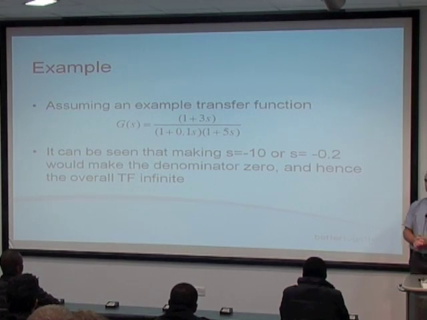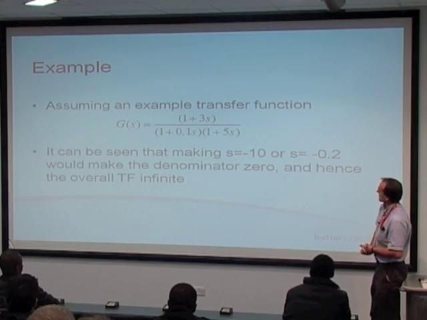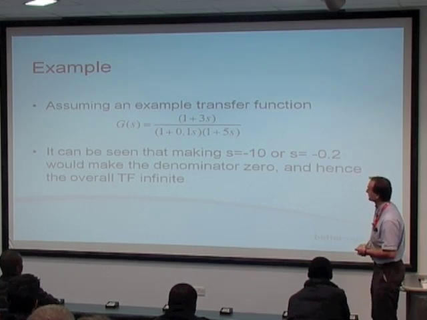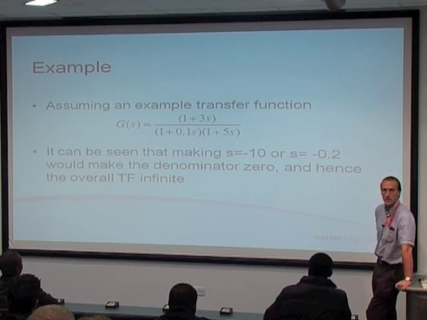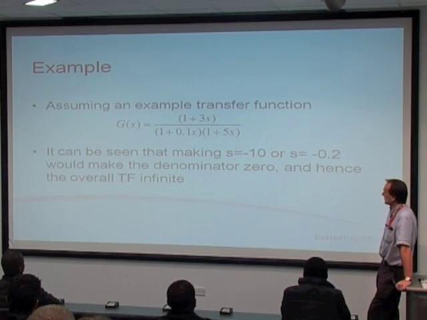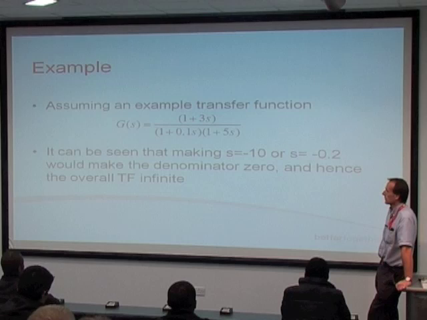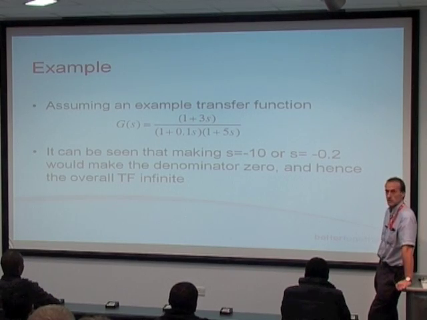Here's an example. Okay, there's an example transfer function that I made up this morning. You can see from that if we make s equal to minus 10 or s equals minus 0.2, we will have an infinitely large value for that transfer function.